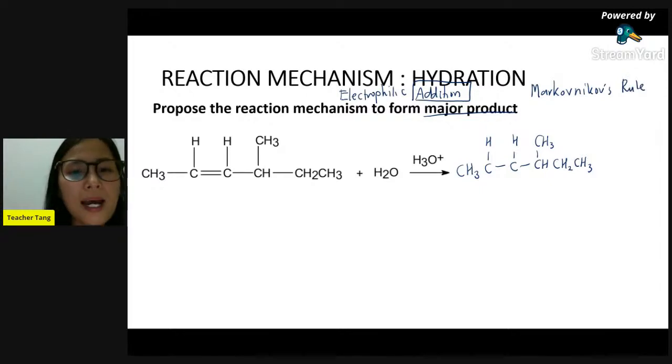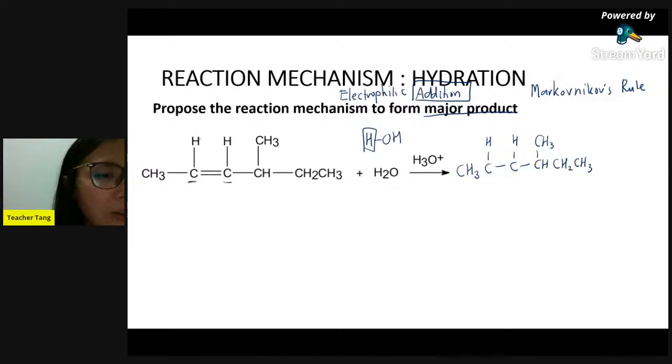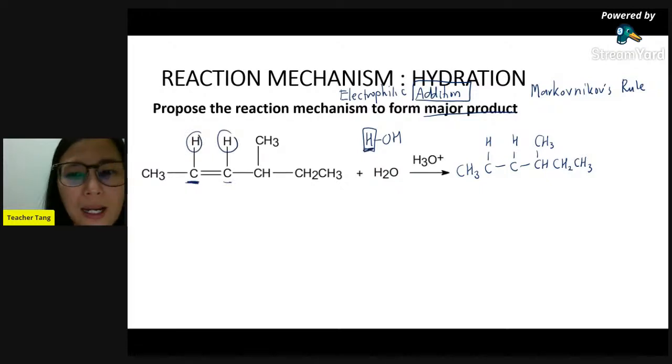So means that the hydrogen of the water kena masuk to the carbon that has more hydrogen. For these two, mempunyai bilangan hidrogen yang sama. So means that this hydrogen boleh pergi this carbon. Okay, and then OH can come to this carbon. Or dia juga boleh masuk this carbon. So when masuk this carbon, sorry. Okay, let me.